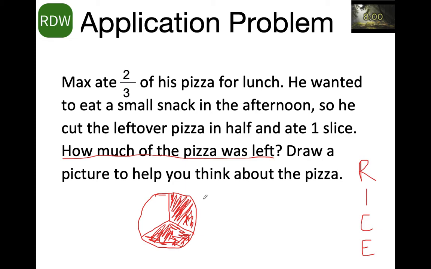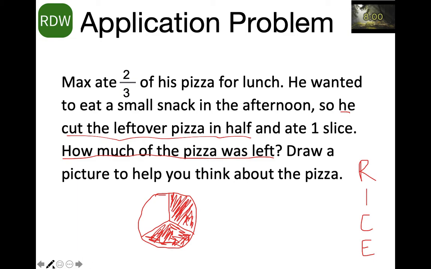So he ate 2/3 for lunch. What is left over? Okay, what is left over is 1/3. However, it says that he cut the leftover pizza in half and ate one slice.